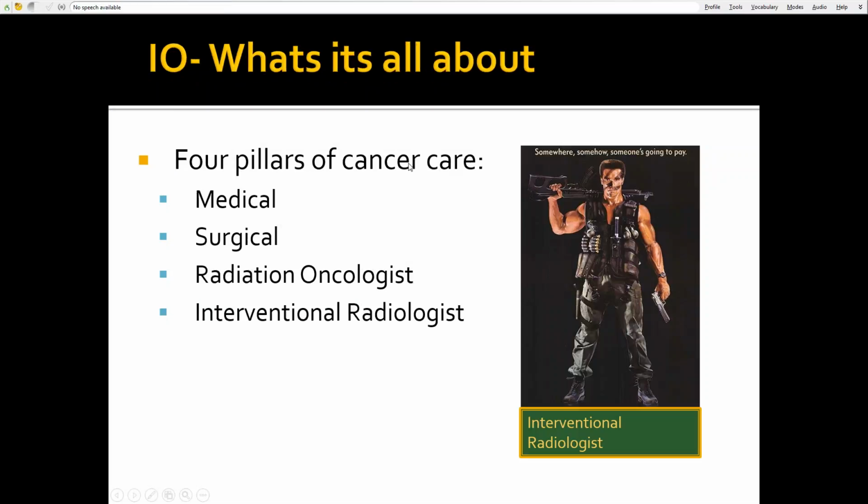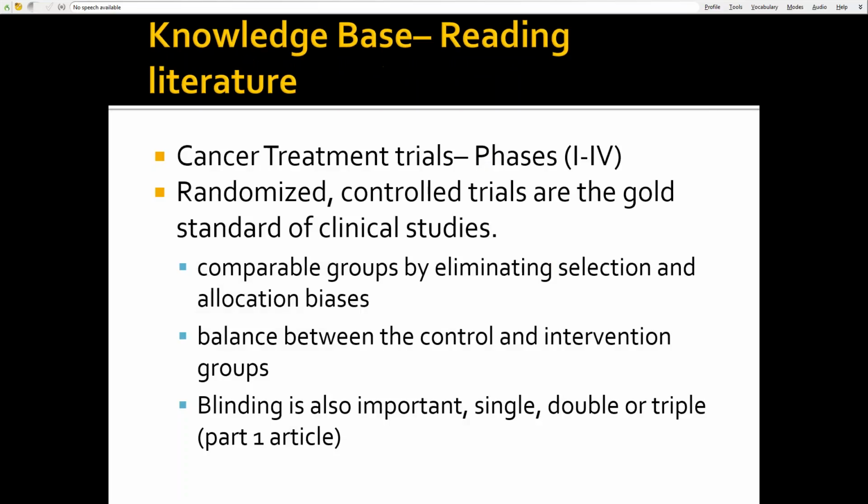So in general, treating cancer uses 4 different components. There's the medical oncologist, there's the surgical oncologist, there's the radiation oncologist, and then there's the interventional radiologist. And pictured here is your typical interventional radiologist when they walk out of their fellowship program. So we're ready to go. We have all of our tools. We're ready to do battle as best we can with the cancers that we're going to be facing.